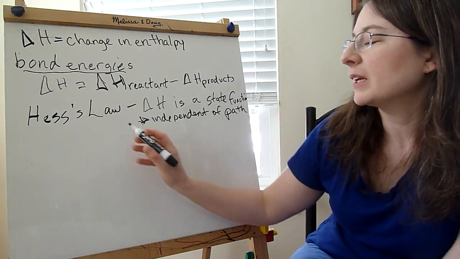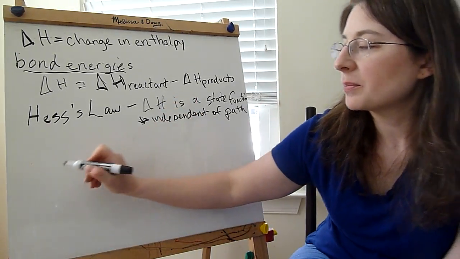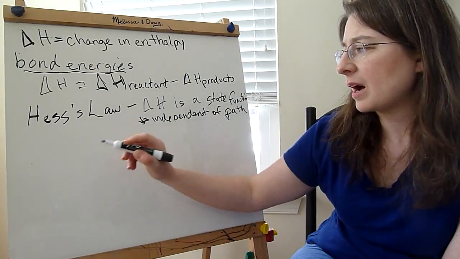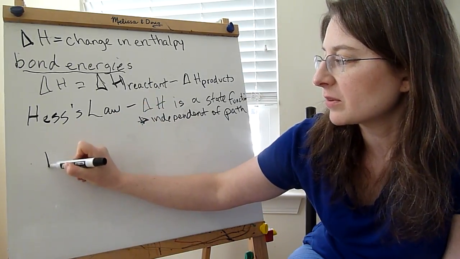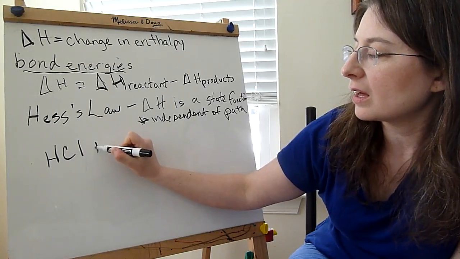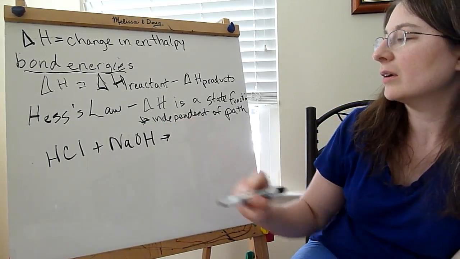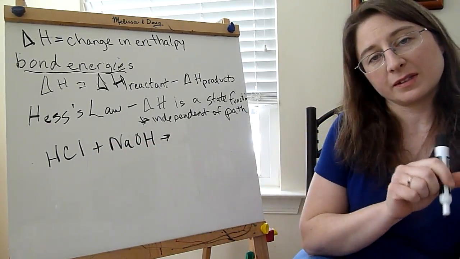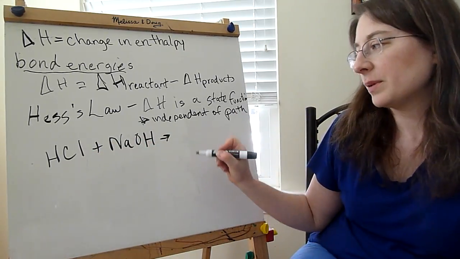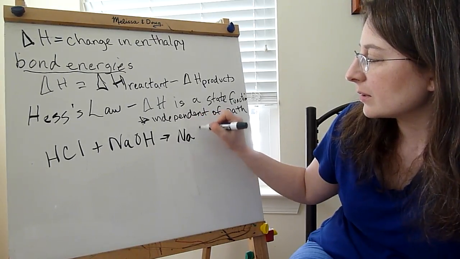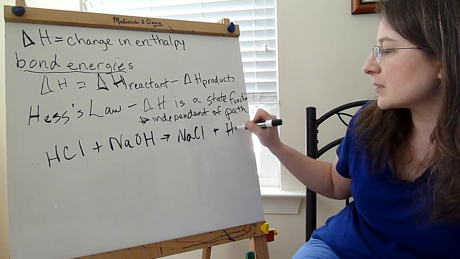What it basically means is whether I produce a water molecule by, say, an acid-base reaction, HCl plus NaOH, and of course you all know that acid plus base gives you salt plus water, so sodium chloride plus water.